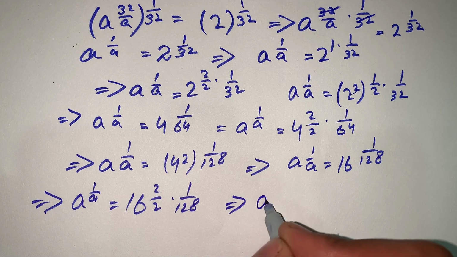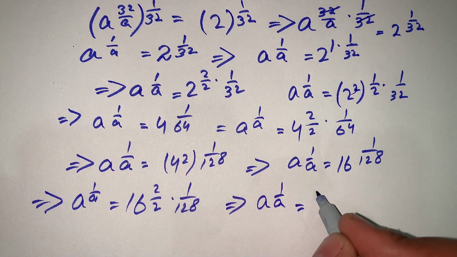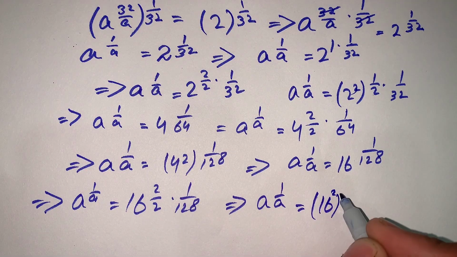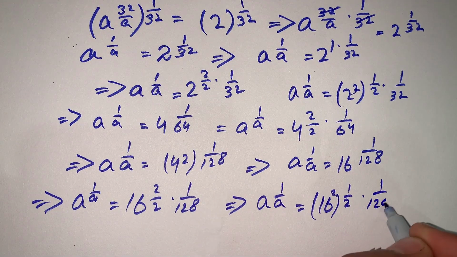And next, a to the power 1 divided by a is equal to 16 square to the power 1 divided by 2 into 1 divided by 128.